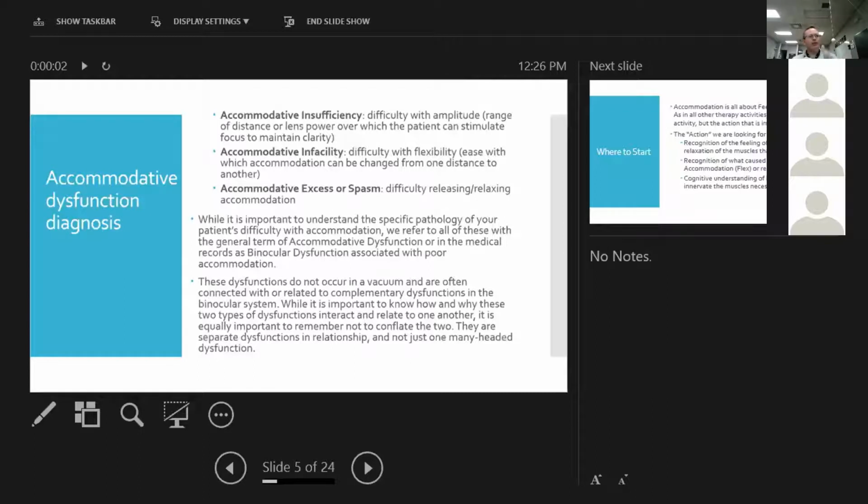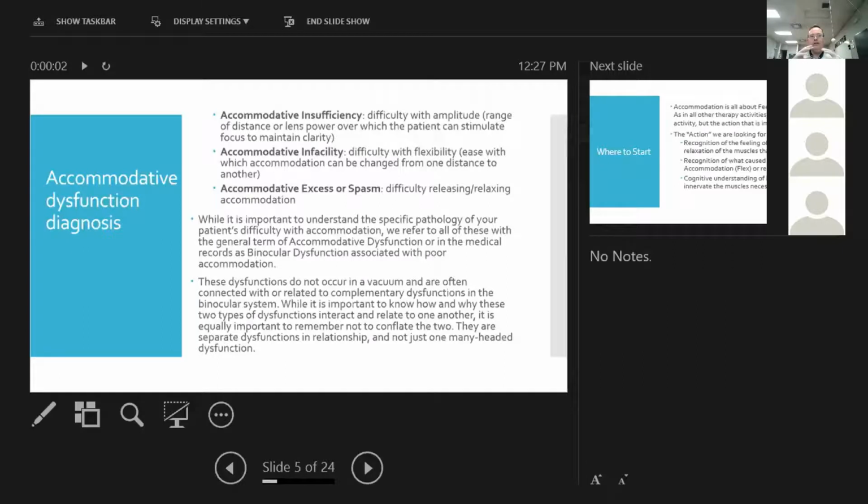It's important to understand the specific pathology of the patient's difficulty with accommodation, and we refer to these in a general term, okay, but they can also just be poor binocular dysfunction with accommodation, okay? So maybe their accommodation and binocular systems are fighting each other, or accommodation is trying to do what binocular should do, or binocular is over converging in order to pull in accommodation.